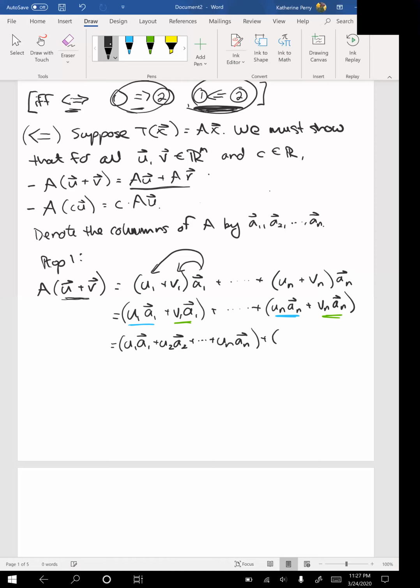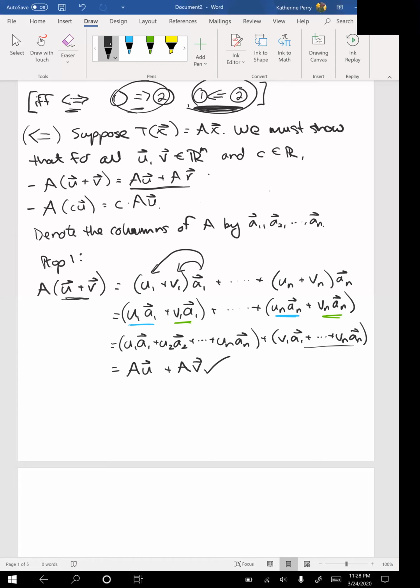So I would have V1 times A1 plus Vn times An. But notice here, this is just my matrix A times my vector U. And similarly, this is just my matrix A times my vector V, and this is exactly what we wanted.